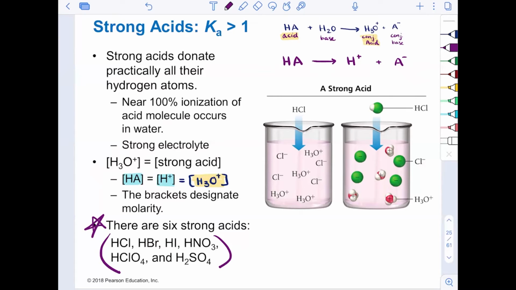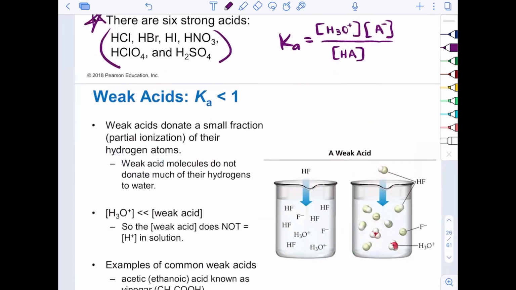Their Ka, the acid dissociation constant, is products, H3O plus, A minus, over reactants. Water is a pure substance, so this does not get included in the Ka. There's your Ka, right? Ka for a strong acid would be very, very large, something greater than 1. Lots of products being formed.